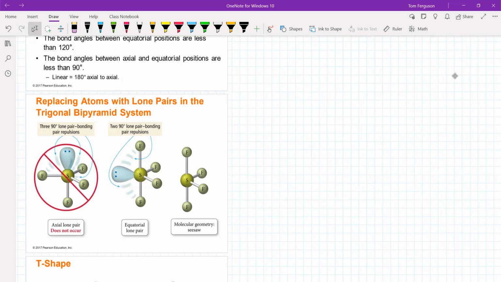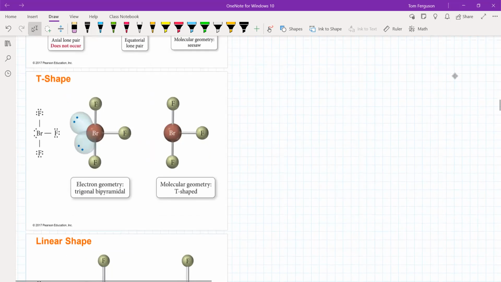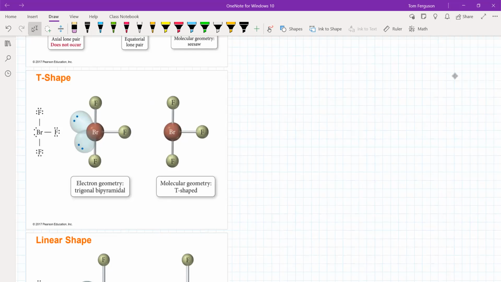Now we're going to find when we have 6, we have an octahedral. It's going to be the polar areas are going to have the most room. So that's where the lone pairs would go. Okay. In this case, we're going to have 2 lone pairs. 2 lone pairs, again, are going to go equatorially.